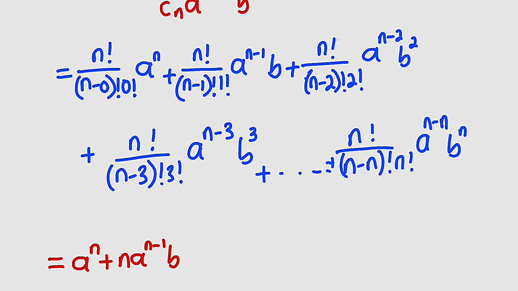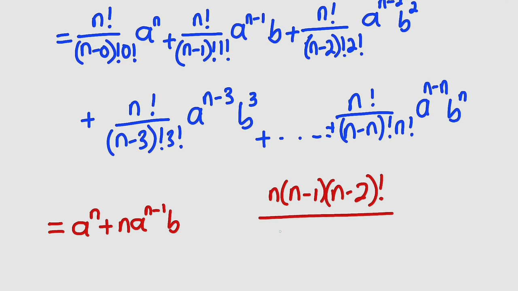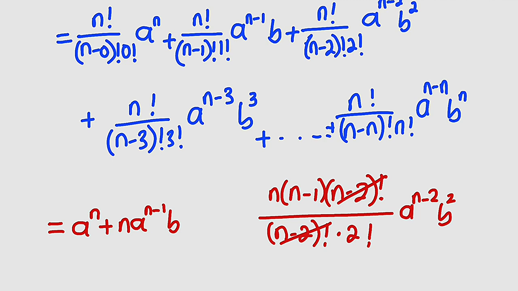We are going to split this n factorial in terms of (n minus 2) factorial. So we are going to write it as n multiplied by (n minus 1) multiplied by (n minus 2) factorial. We're going to stop here because we have (n minus 2) factorial at the bottom. (n minus 2) factorial. But we have what? 2 factorial. Such that this will cancel this. But remember, we have a raised to the power of n minus 2, b raised to the power of 2.